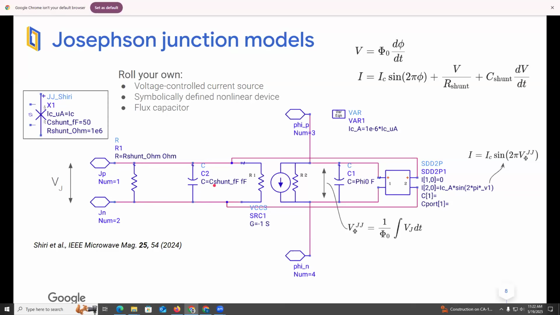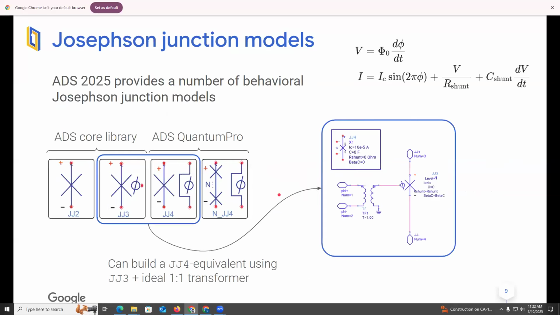So this is how we implement a Josephson junction with really basic elements that are available in most simulators.